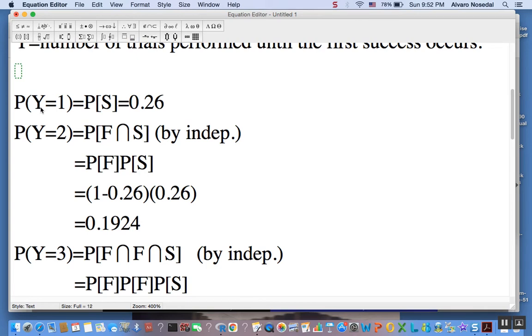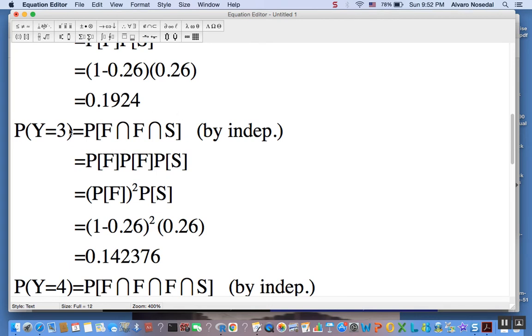So if y equals 1, then the first one was a success. Okay? Now note, if y equals 2, that means that we had first one failure, and the last trial was a success. So we have 2 and 1 here. If y equals 3, that means that we needed to experience first 2 failures, and the third trial was a success. So 3 and 2.